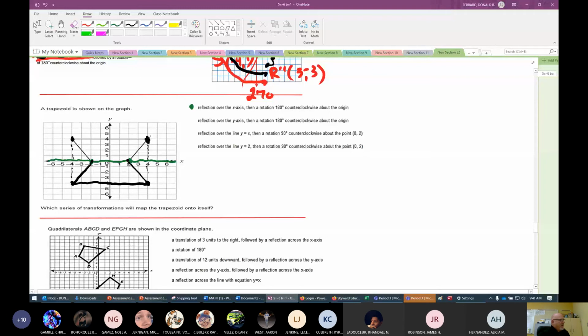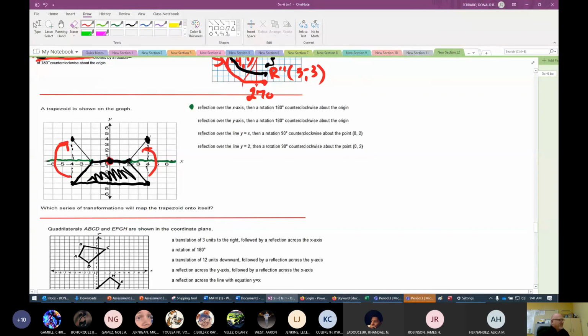Okay. And then it says rotate 180 degrees. So I'm going to take this figure right here and I'm going to rotate it about the origin. All right, so I'll use a red mark to mark the origin. And all I'm going to do is rotate this 180 degrees, or I could go this direction 180 degrees.